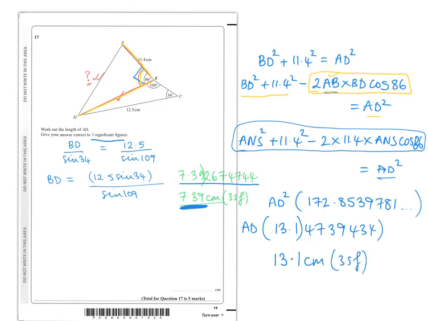I've just seen one thing which is a bit strange. I don't know why I did this. I don't know why I gave this one actually to 3 significant figures at all, because I didn't need to.